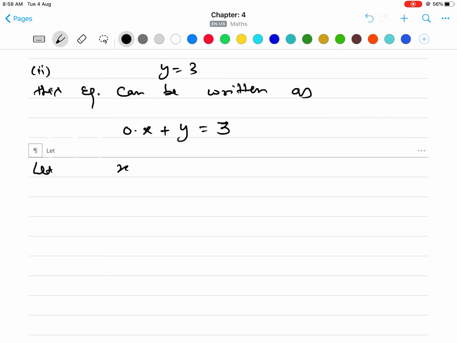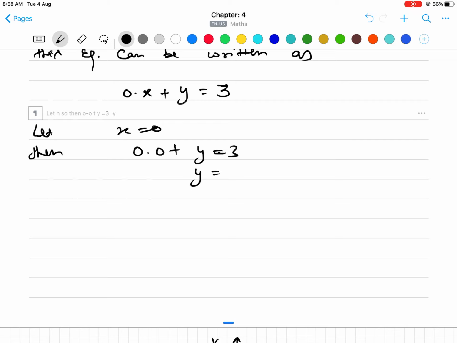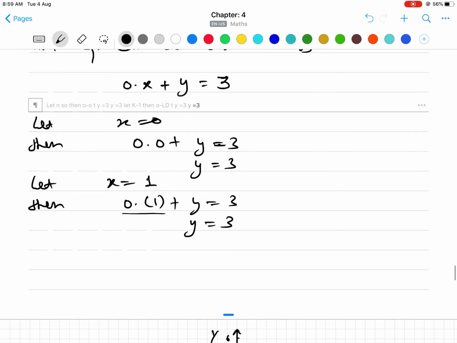Let x equal to 0, then we have 0 plus y equals to 3. This results in y equals to 3. Let's take another one. Let x equals to 1, then the coefficient of x is 0. At the place of x we write 1. We have y equals to 3, since 0 into 1 will result in 0, so we remain with y equals to 3.